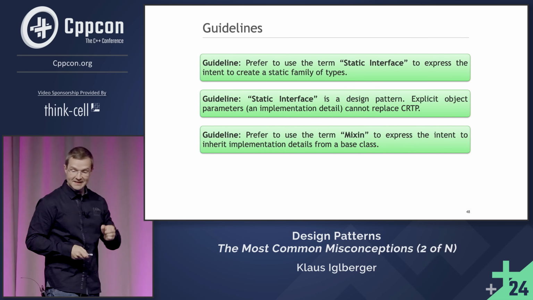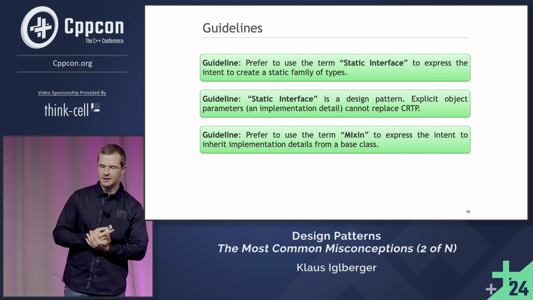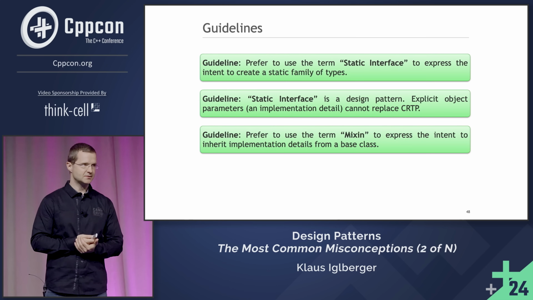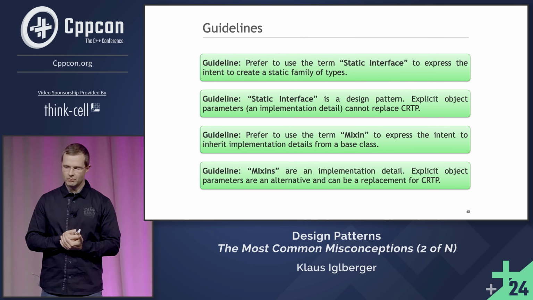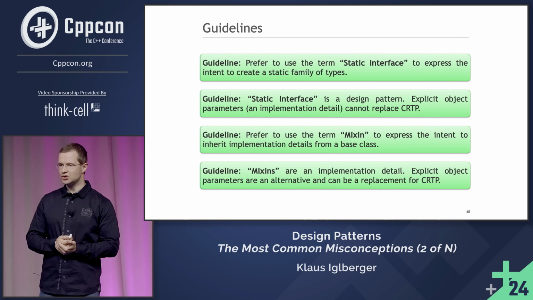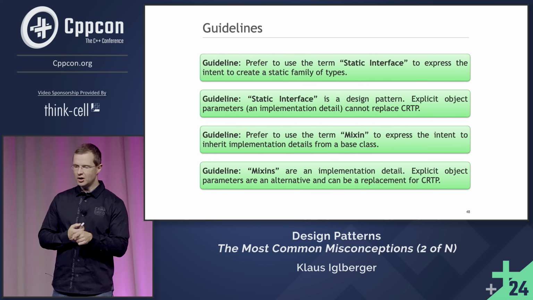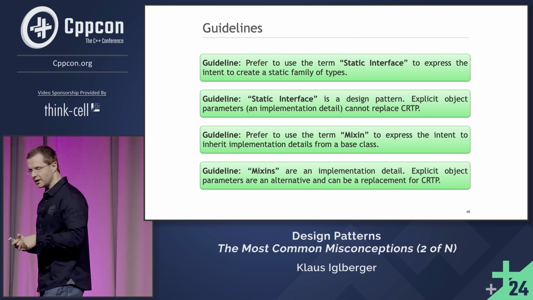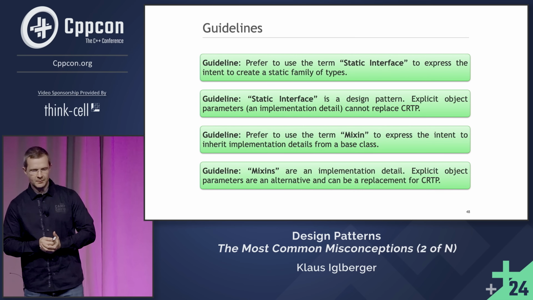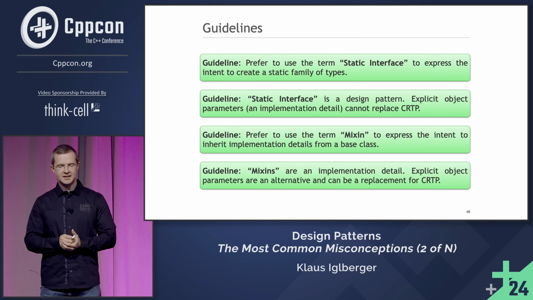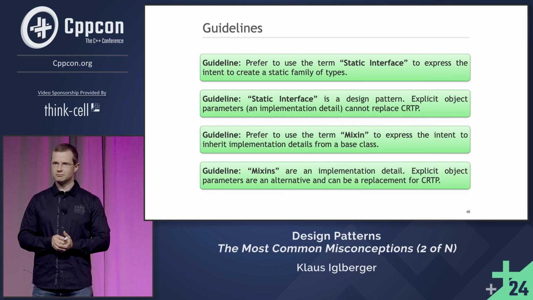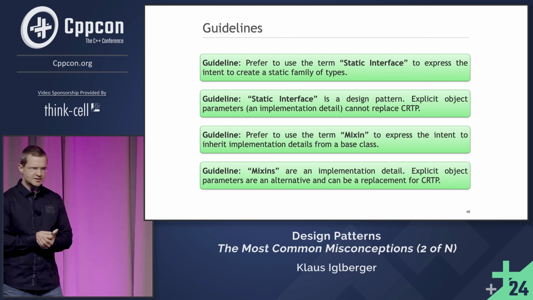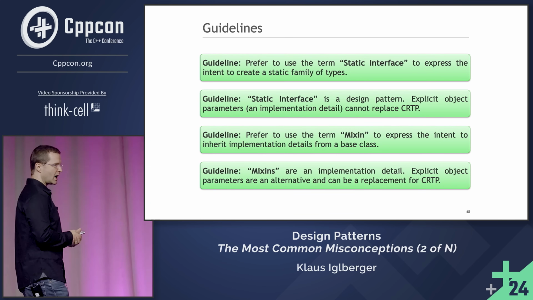And prefer the term mix-in to express the intent to inherit implementation details from a base class. So, mixins are an implementation detail. So in that context, explicit object parameters can help. They are an alternative because also here it's an implementation detail, and so they can replace CRTP. And so perhaps still there's a little CRTP around after all.